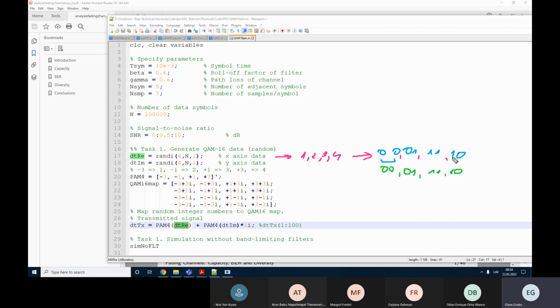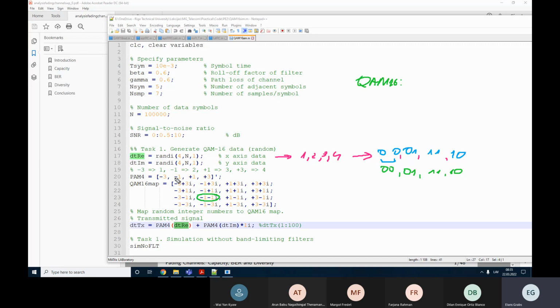Then we are going to combine this random process: for each real part random number, we generate a copy of a random number for the imaginary part. This gives us in total a quadrature amplitude shift keying symbol consisting of two parts, one for real and one for imaginary. For example, let us say this symbol is going to have the following coordinates.